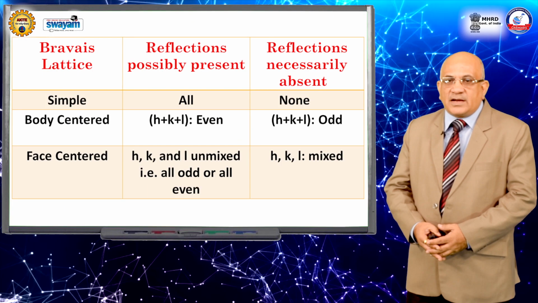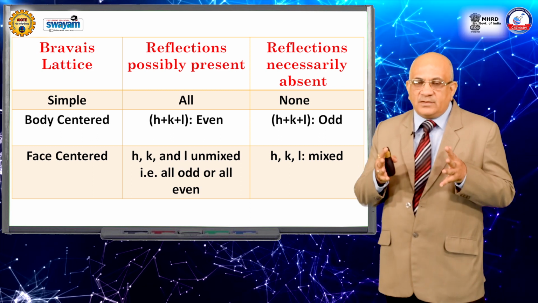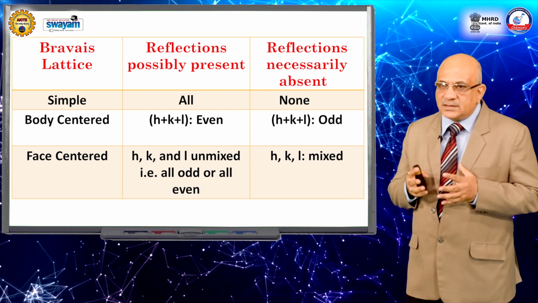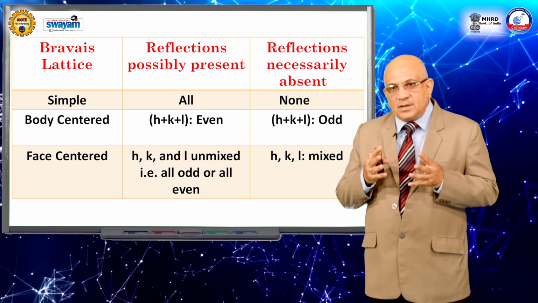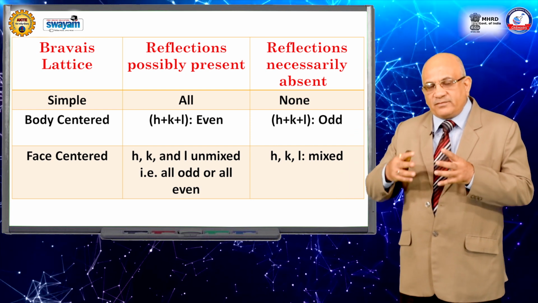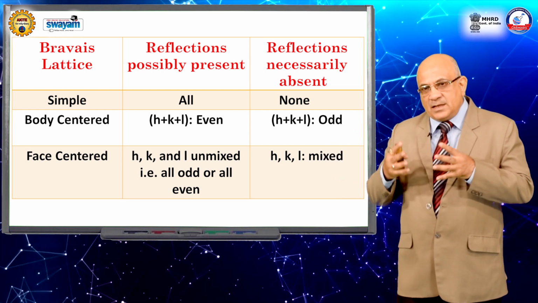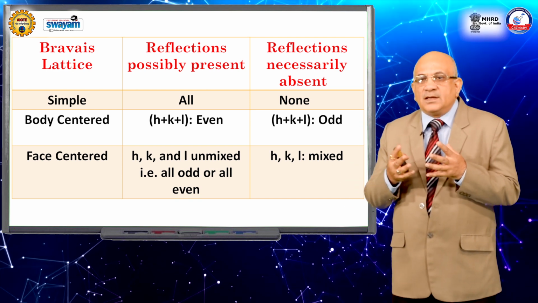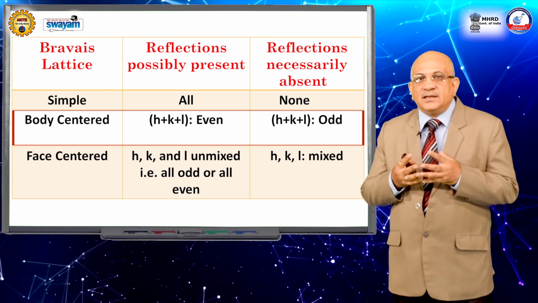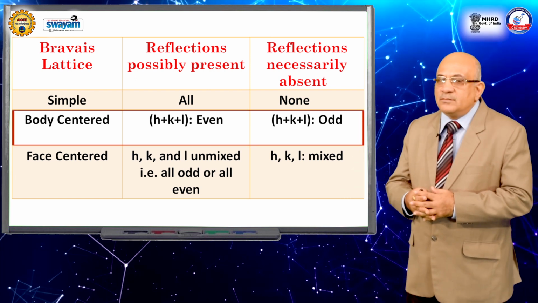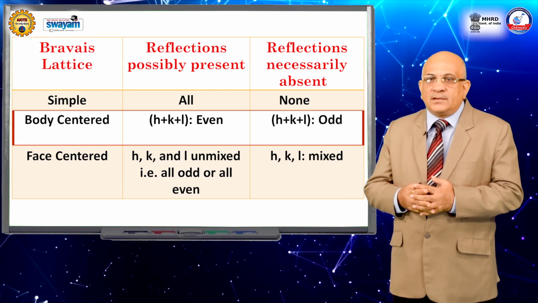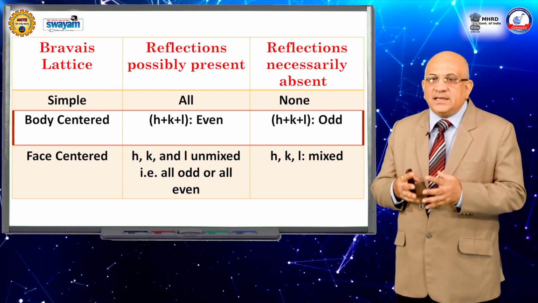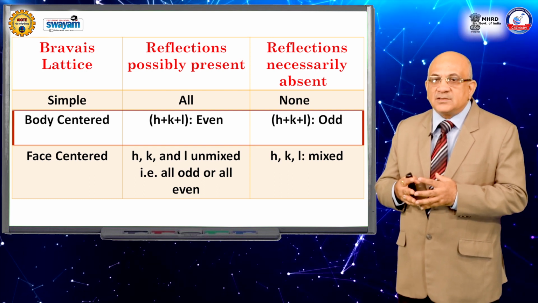As in the structure factor equation, you see you have this capital F, which is the structure factor, related to small f multiplied by a phase factor. If we use this, we can come to some conclusions, like for a body centered Bravais lattice, it has to be that H plus K plus L has to be even.